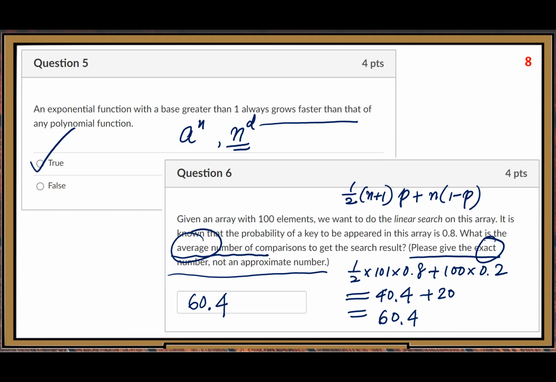The reason I made this question is to convey this fact: the average is not necessarily an integer number. That point.